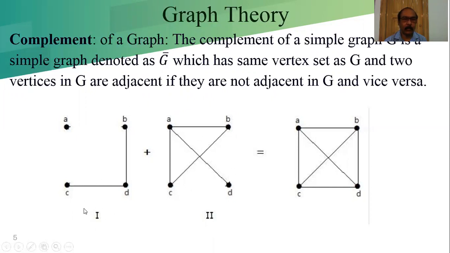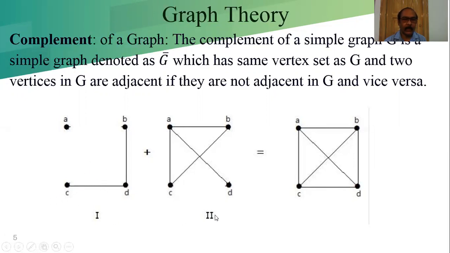Suppose this is G1. In G1, B and D are not adjacent, so those 2 vertices should be adjacent in the other graph. Here C and D are not adjacent, that's why C and D are adjacent in the other graph.